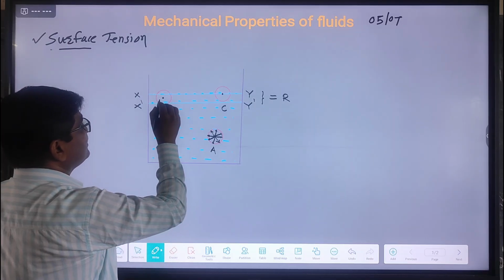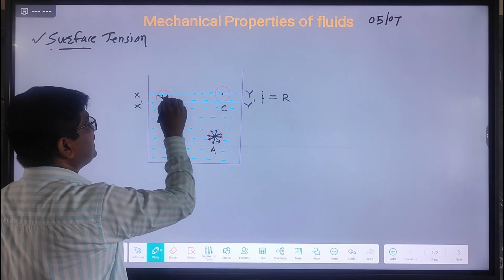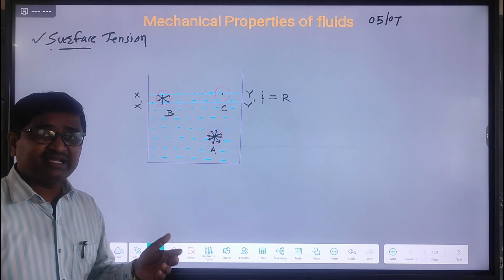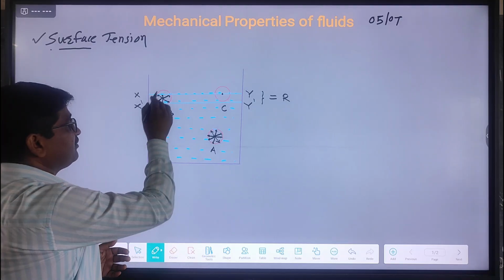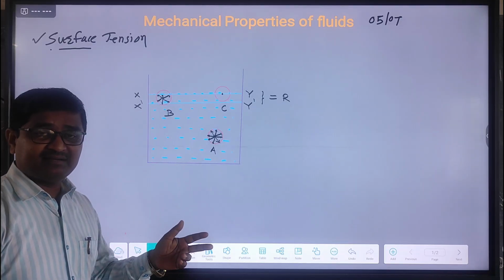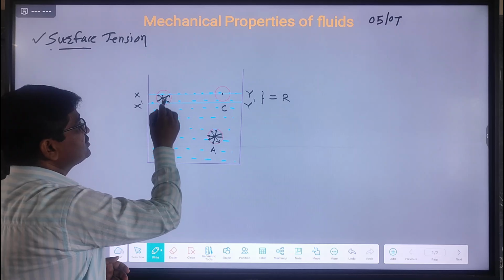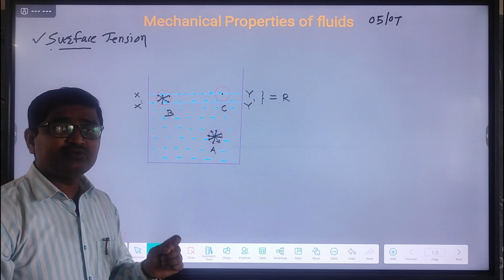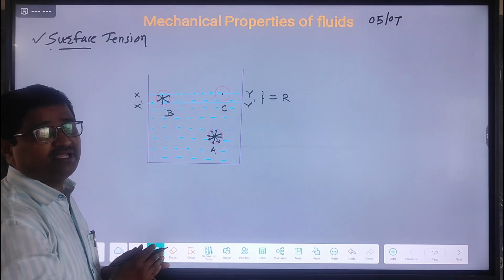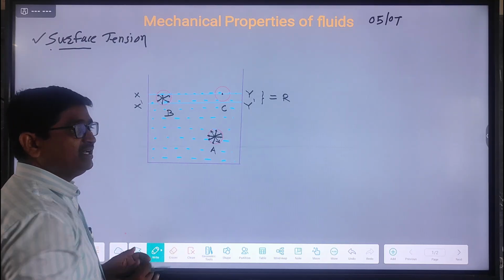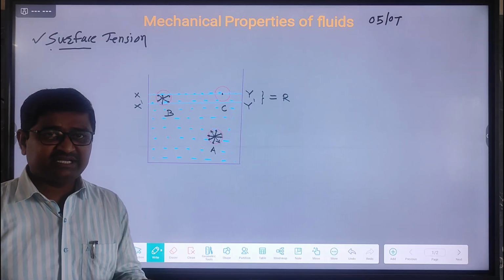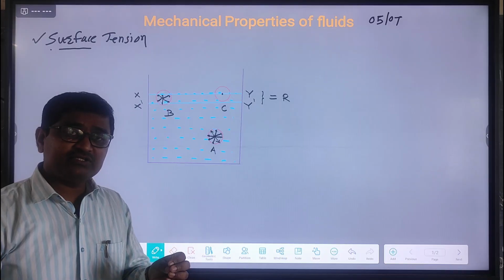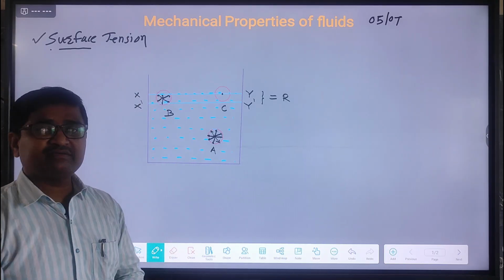That's why the adhesive force between air and liquid is negligible, because the density of water is greater than air. So the adhesive force between liquid and air will be negligible on molecule B, and the net resultant downward cohesive force is effective for molecule B, and that's why it also dips into the liquid as per the density. Now molecule A and molecule B both experience the net resultant downward cohesive force, and finally both are deep into the liquid.